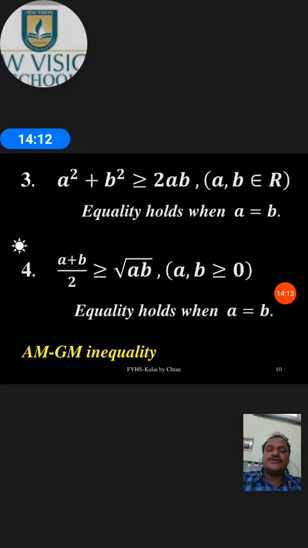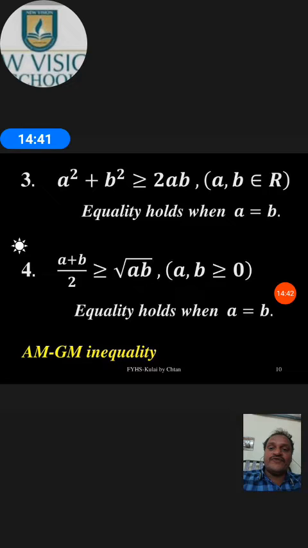We know that a minus b whole square is greater than or equal to 0. That means a square plus b square minus 2ab is greater than or equal to 0. That implies a square plus b square is greater than or equal to 2ab. Like that we can prove the third inequality.